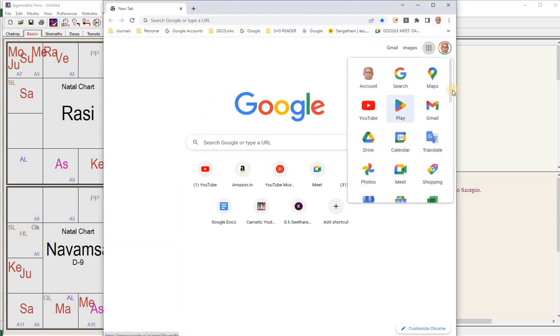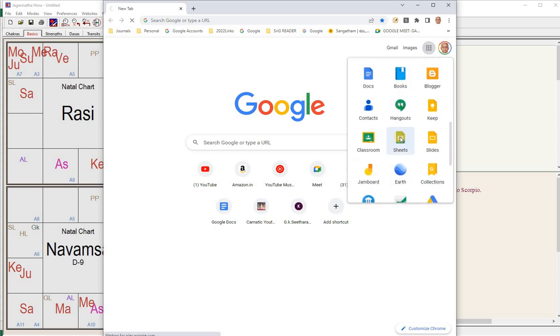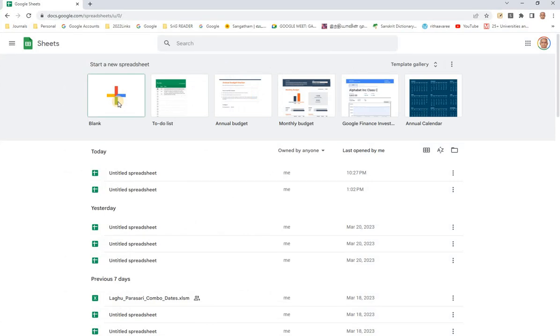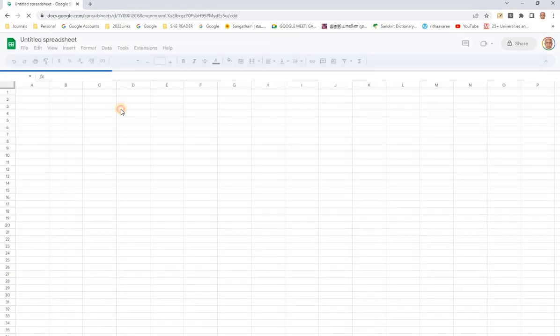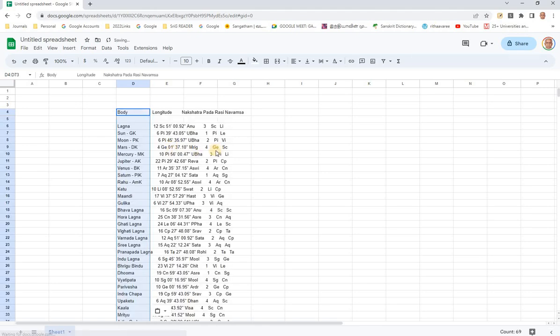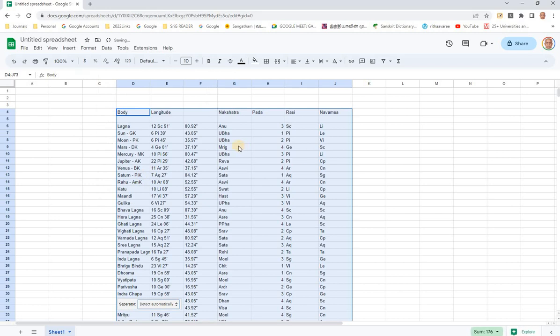That's easier, as I said even before in a different video. I go to Google Sheets and then you start a new file and paste it anywhere. This will paste it in a bizarre manner. You have the option of data splitting the text to columns. So use this and it automatically neatly separates them into columns.